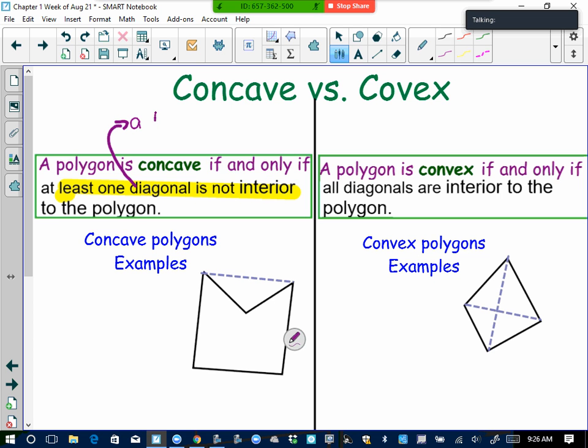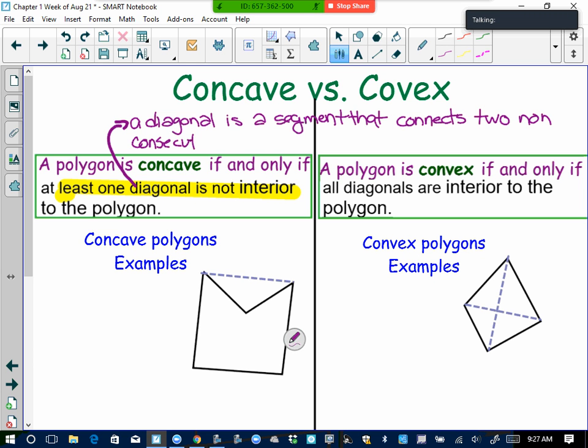So a diagonal is a segment, so I'm classifying it as a segment that connects 2 non-consecutive sides or vertices of a polygon.